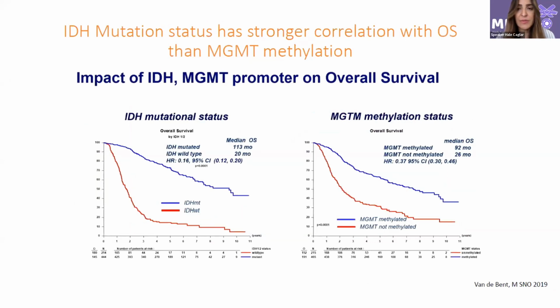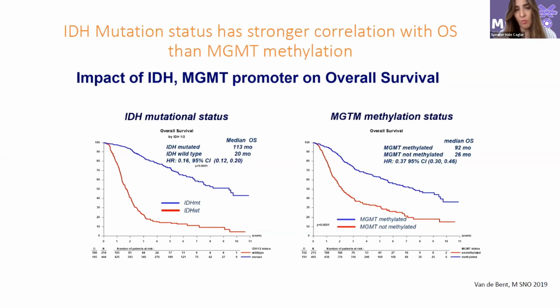The 2019 publication revealed again the impacts of IDH, and the IDH mutation status had a stronger correlation with overall survival compared to MGMT methylation alone. Although MGMT methylation was again important, IDH mutation was more important.